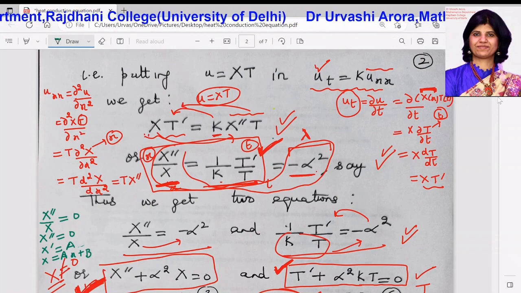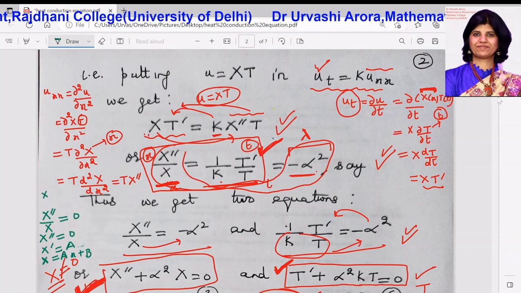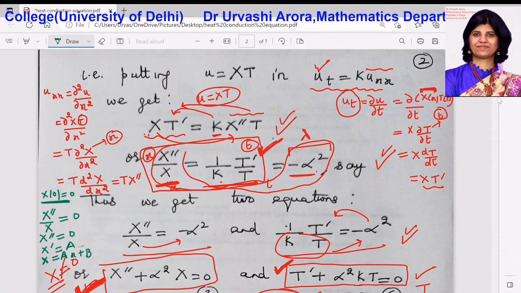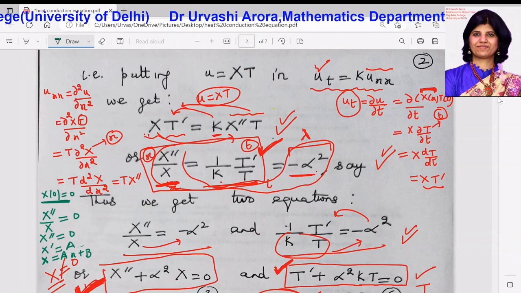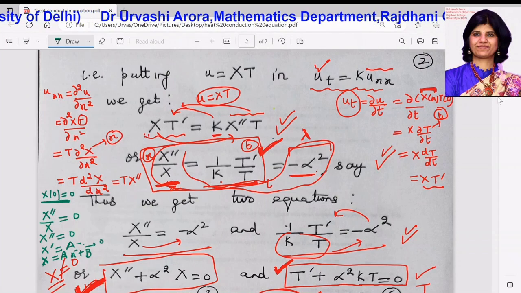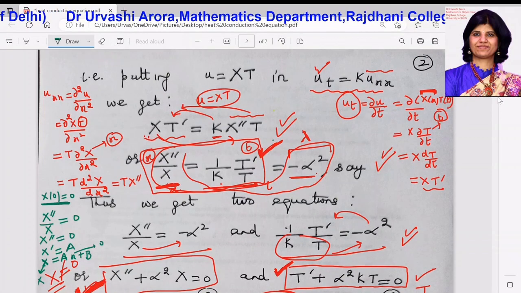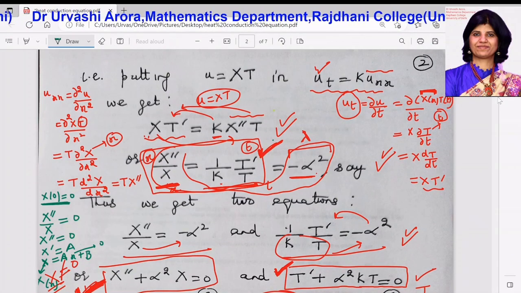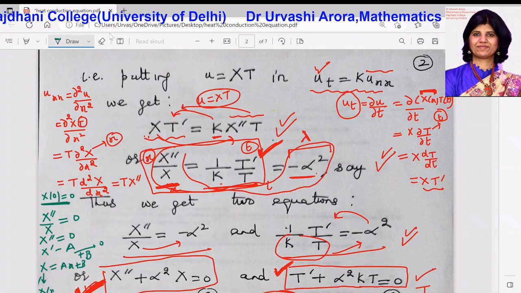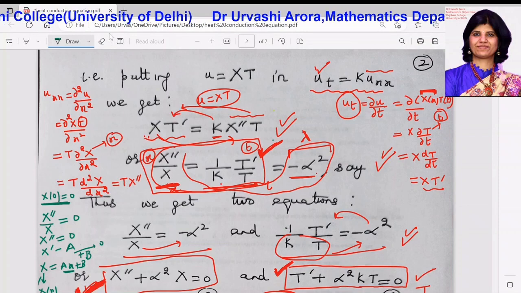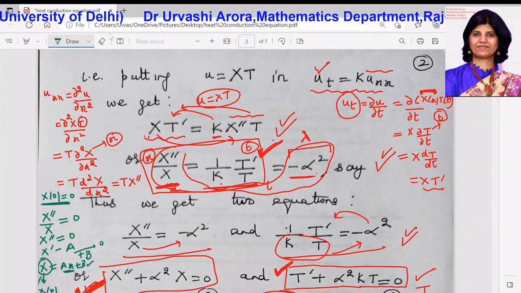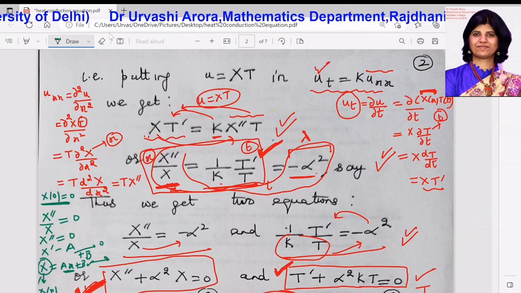And we have a condition over here that X of 0 is equal to 0, which is one of the conditions that we have just used. So when you put small x as 0, where capital X is a function of small x, this term will vanish, and the left hand side would also be 0, which means that the value of the arbitrary constant b would come out to be equal to 0.